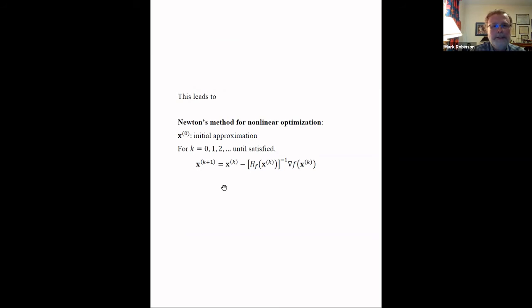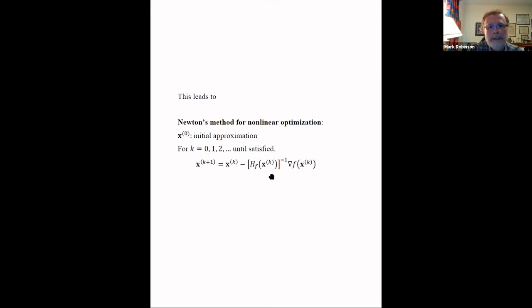So remember what it was in the single variable case. The new x was the old x minus what? It was f prime divided by f double prime. Well, you can see this is the higher dimensional analog of that. Each new iterate is the prior iterate minus this corrective term: the gradient of the function evaluated at the prior iterate, pre-multiplied by the inverse of the Hessian matrix.